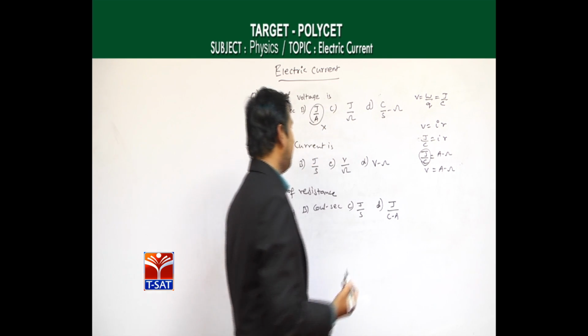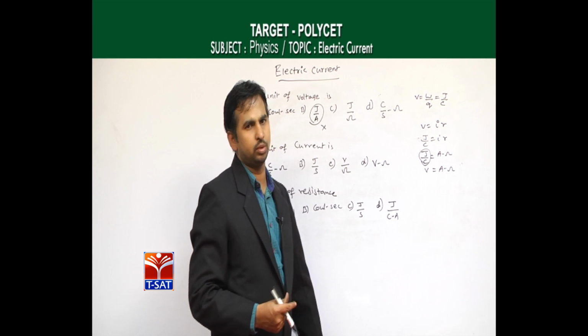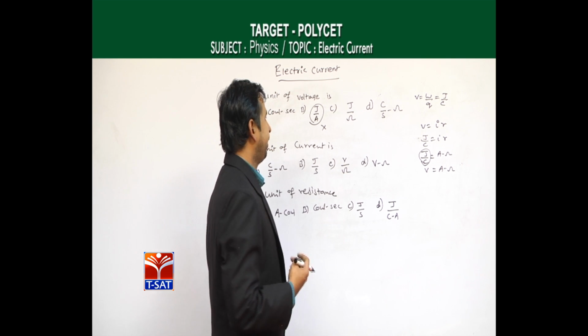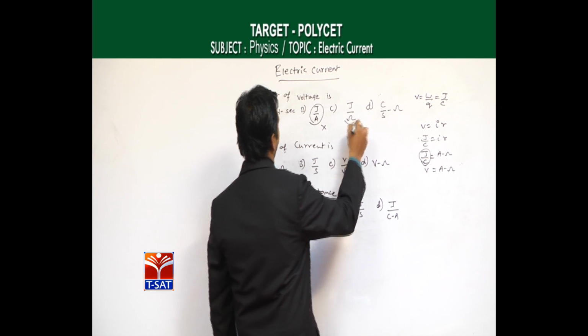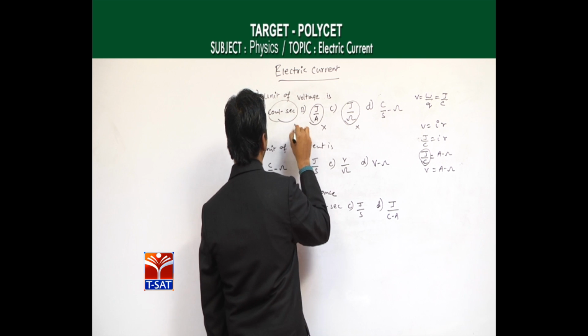But here it is given joule per ohm, which is also a wrong one. So you cannot take this one either.